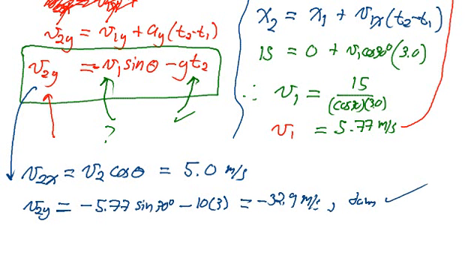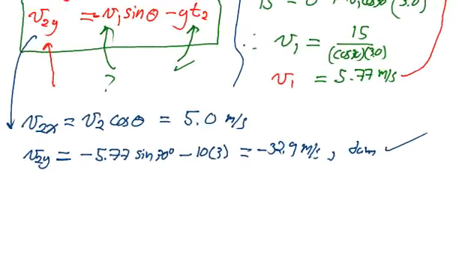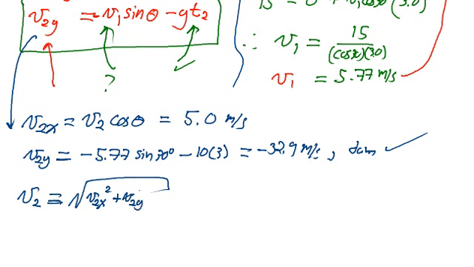And then finally, we can put those two together by using Pythagorean's theorem to find out what v2 is. So that would be equal to the square root of v2x squared plus v2y squared.